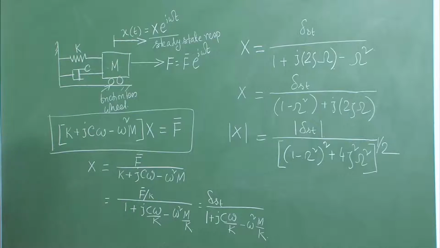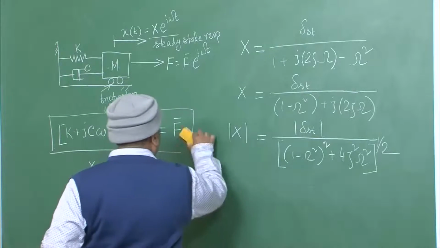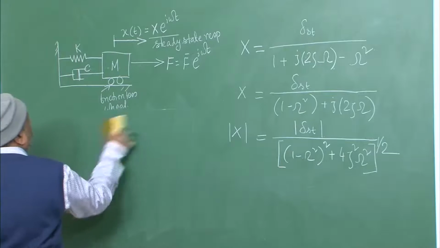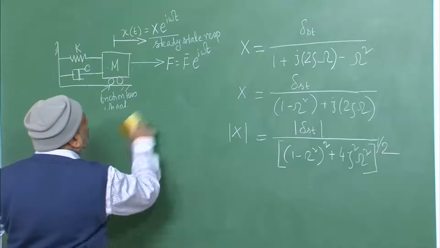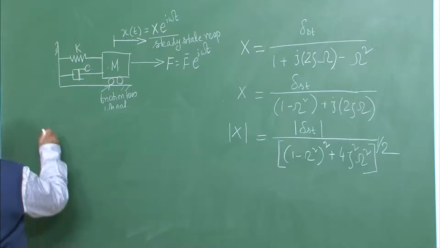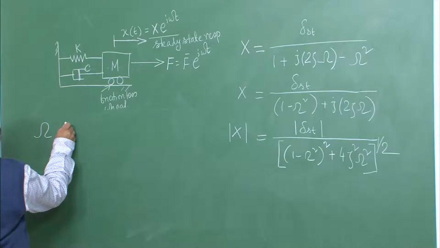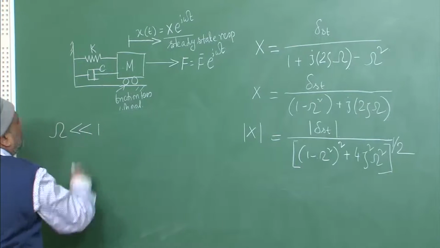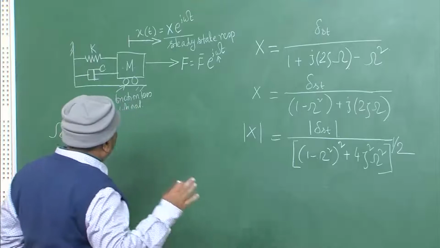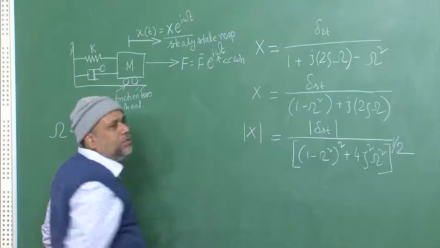Now, we have everything that we require in front of us. All we have to do now is find the response for certain conditions, and there are just 3 conditions right now. One is when the excitation frequency ratio capital omega is very much less than unity, which means omega is very small in comparison to the natural frequency of the system.